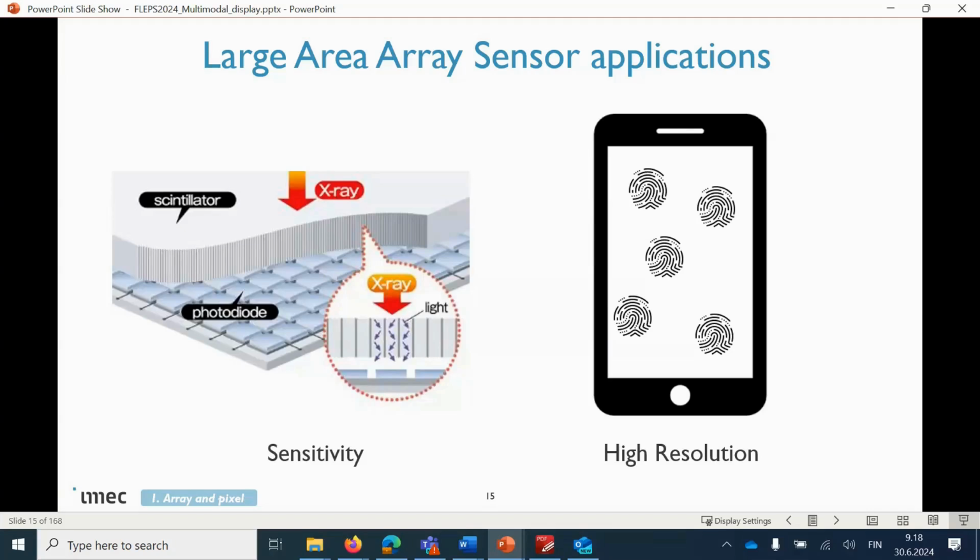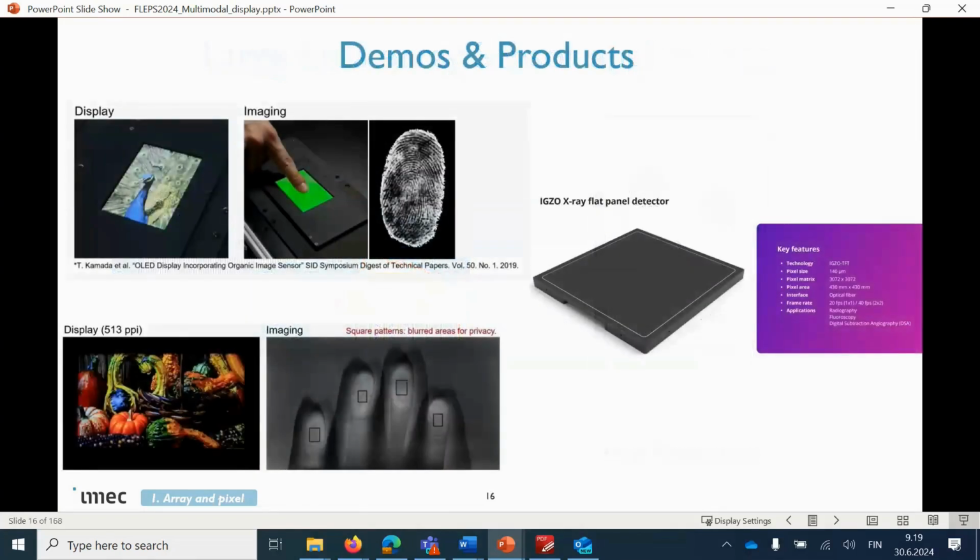And for fingerprint, it is the high resolution, which you don't need for the X-ray. The pixels in X-ray are larger. For fingerprint, you need to have resolution. You need to go to the limits of the technology, actually, to push the technology to reach this FBI standard that you need to have a certified fingerprint imager and readout. And there have been demos, there have been products out there.